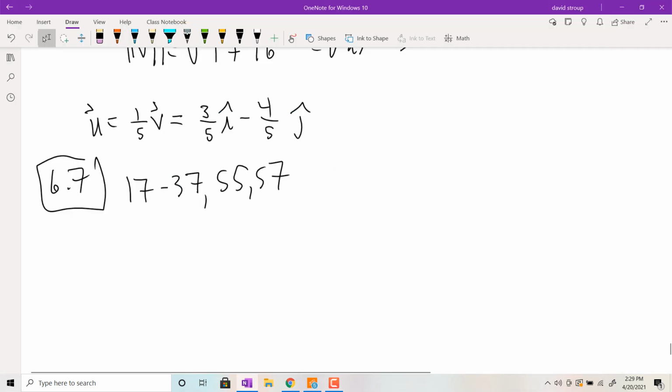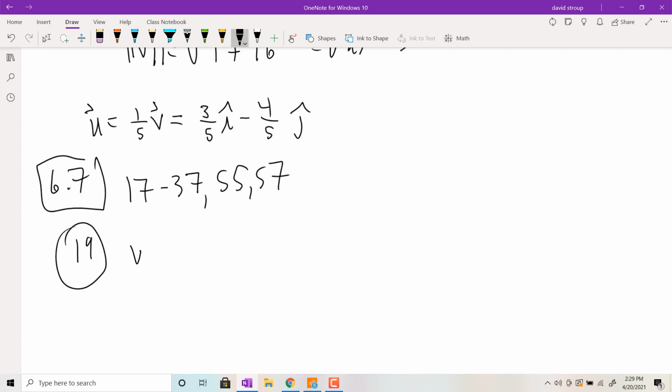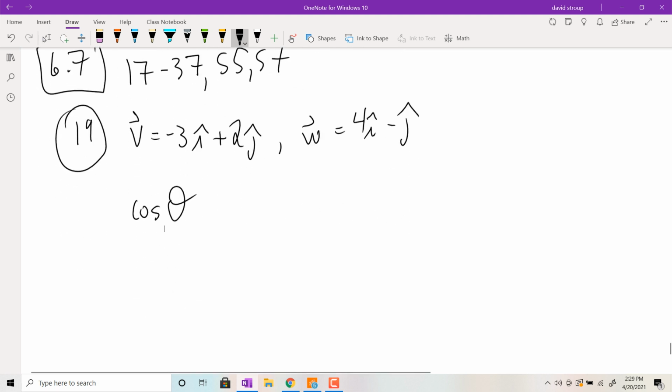Anyways, let's look at number 19, where we're trying to find the angle between 2 vectors. Remember, if the dot product of 2 vectors is equal to 0, the vectors are at a 90-degree angle. But in general, to find the angle, just use that cosine of theta formula. In the numerator you have a dot product, v dot w, so you multiply the components and add them together.